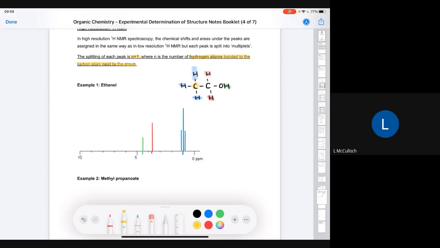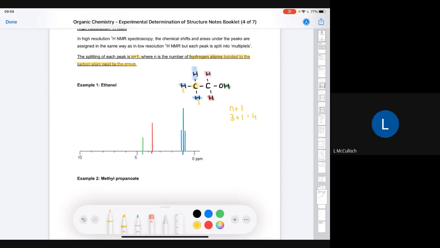So there are 3 hydrogens on the neighbouring carbon. That's 1, 2, and 3 there. So that means we're going to apply the n+1 rule. n plus 1, n being the number of hydrogens on the neighbouring carbons. There's 3 hydrogens on the neighbouring carbons, so it's going to be 3 plus 1, which means you are going to get 4.